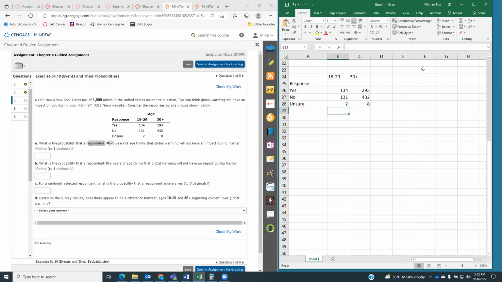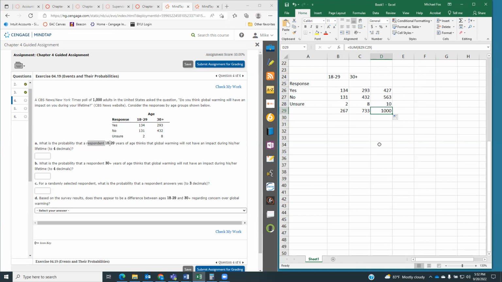Okay, and if we want, we could take totals. Starts to look like a pivot table, doesn't it? And then we can take totals this way. And we can see it comes out to 1,000 total responses.